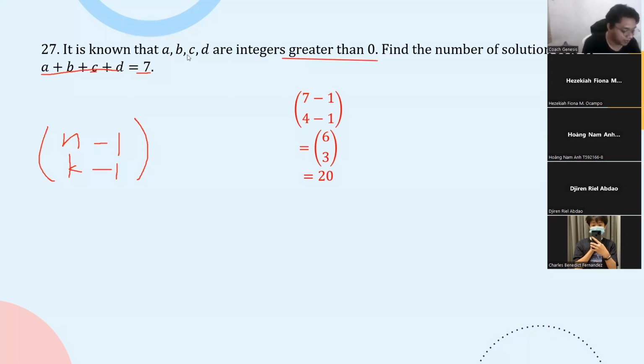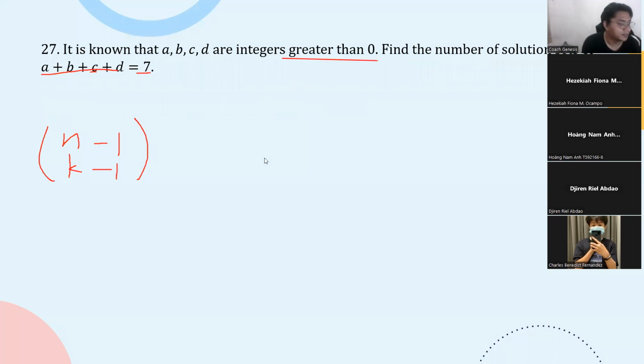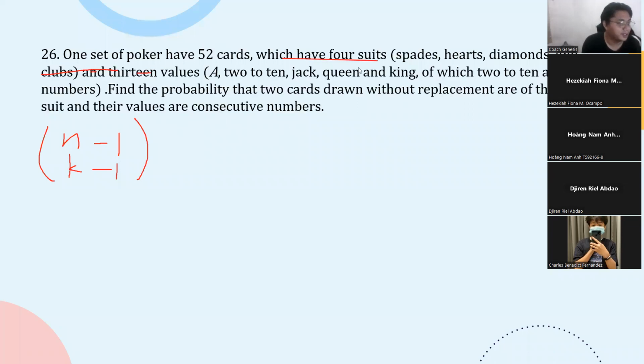And also for number 26, the way to do here is to count the number of possible combinations for consecutive numbers. So the numbers here are just 2 to 10, right?